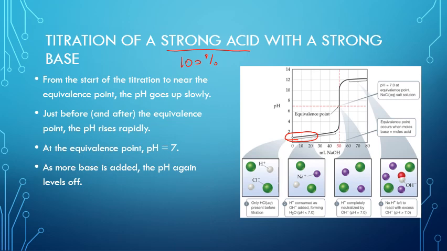As we begin to add in the base, the NaOH from the experiment, now I have Na+ ions that would be present. I have the Cl- ions that would still be present, so I'm starting to form the sodium chloride, but notice I don't have any OH- ions, and that's because all of the H+ that was already in the solution immediately consumes the OH- to produce water molecules in the solution.